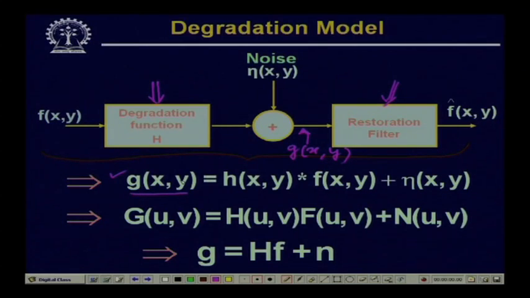So, this is the operation that has to be done in the spatial domain, and we have seen earlier that a convolution operation in the spatial domain is equivalent to performing multiplication of their corresponding Fourier transformations.